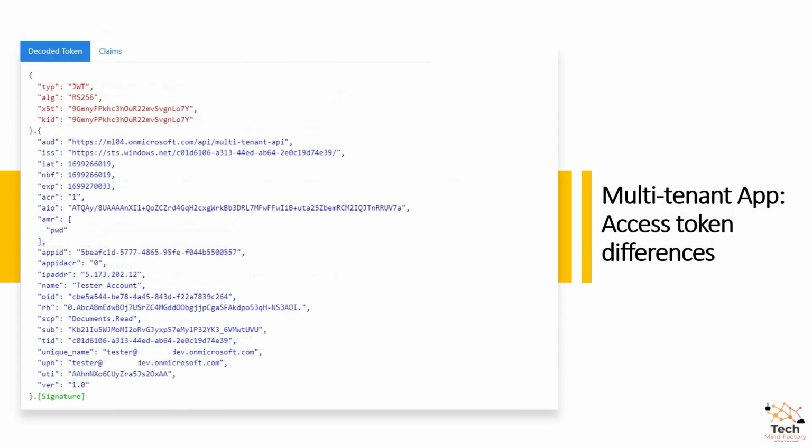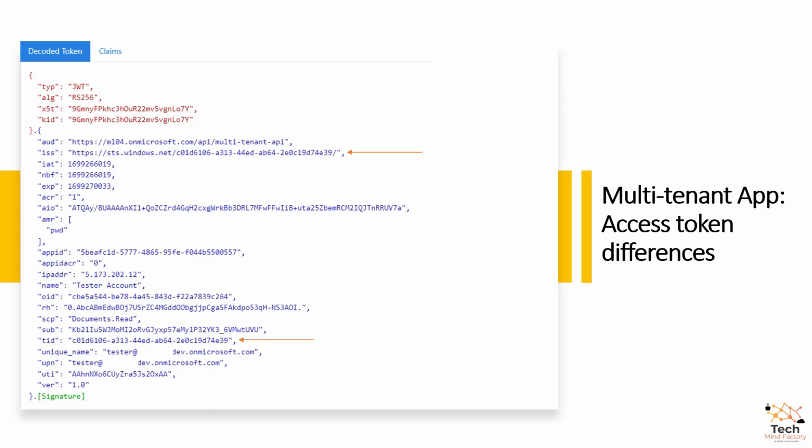Okay, and on the other side, when we look into the multi-tenant application access token, we will see that under the issuer and under the TID, we have exactly the same value, which is the user's home tenant where the user authenticated. Because again, as you remember, in the context of a multi-tenant application, we do not invite the user as a guest user to our tenant.